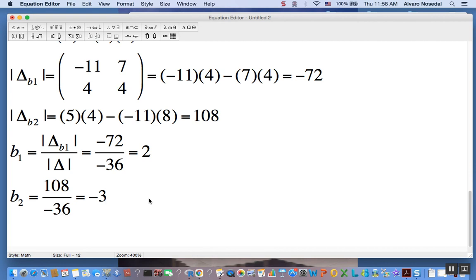Now, I would like you to note something. Notice that if the determinant of delta is 0, then we can't use Cramer's rule. But a determinant of 0 like that is revealing a linear dependence in the matrix.